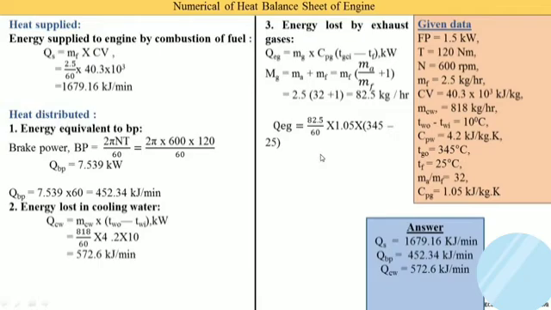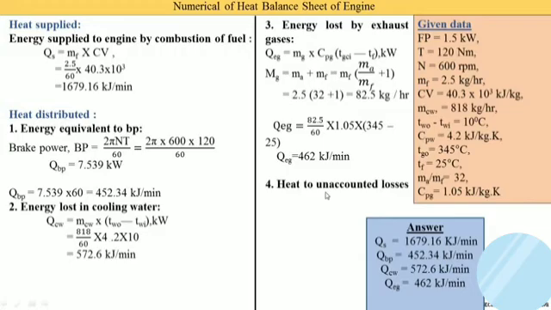Atmosphere temperature is 25. Both are in centigrade, and we need to convert to Kelvin, but since it is a difference, it is taken the same. So QEG is equal to 462 kilojoule per minute. It is written here: 462 kilojoule per minute.